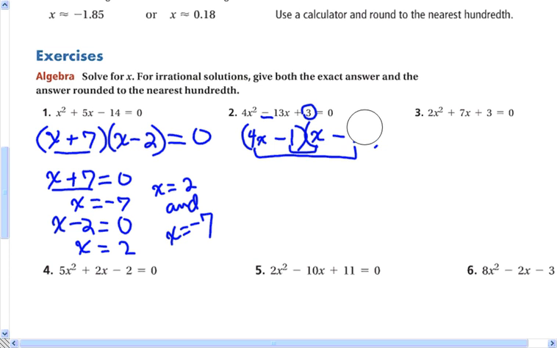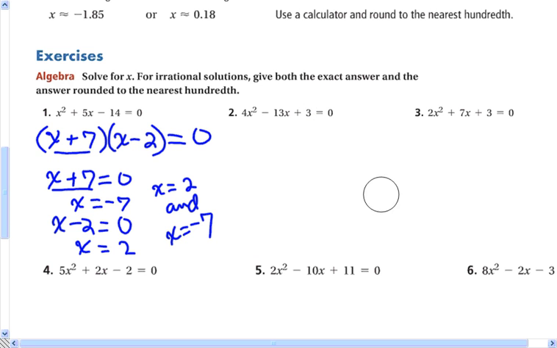I'm going to use this instead to show how to use the quadratic formula. The standard form of the quadratic equation is ax squared plus bx plus c equals 0. So the coefficient of the x squared term is my a value, the coefficient of the x term is the b value, and the constant is c.